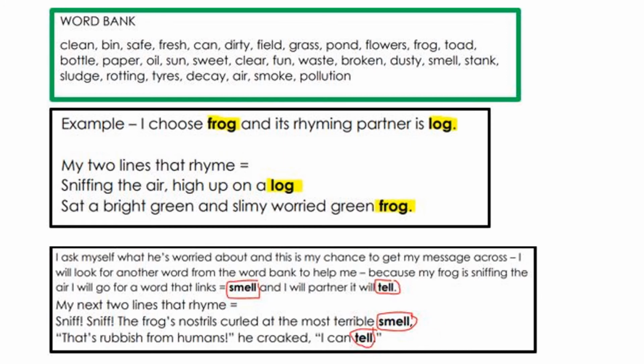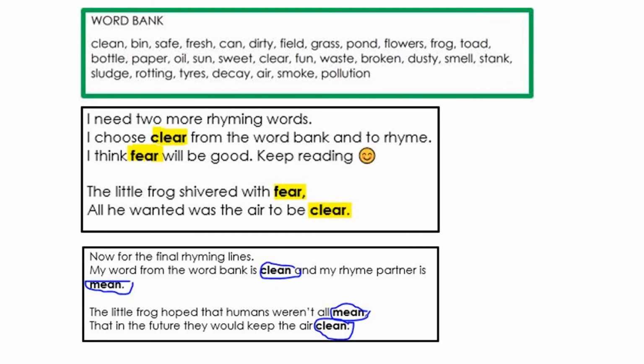So we're halfway through. Here's my word bank again, and I chose clear. That's to get my message across again. And to rhyme with it, I chose fear. The little frog shivered with fear. All he wanted was the air to be clear. So there's my message. And for the final one, I chose clean, because again, to push that message through.